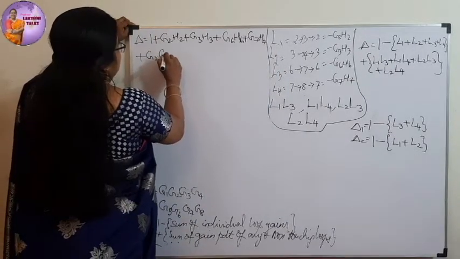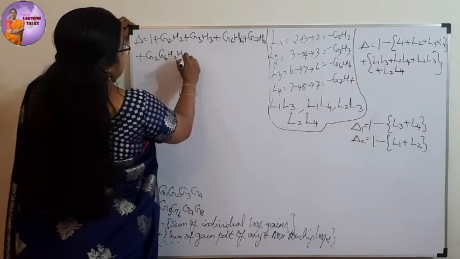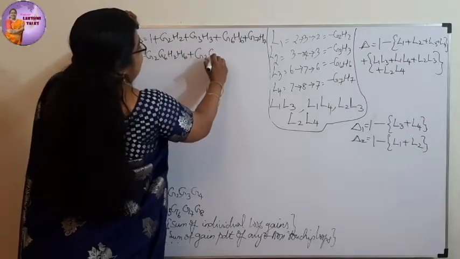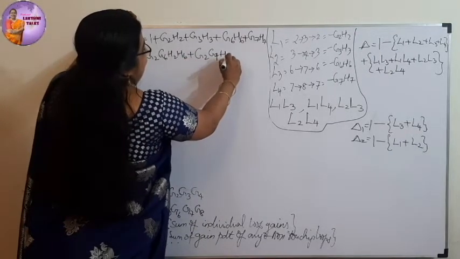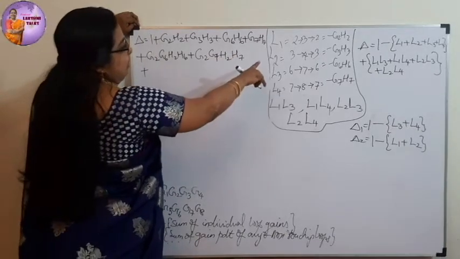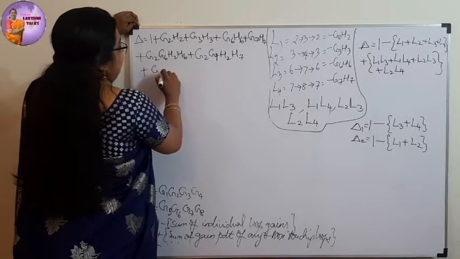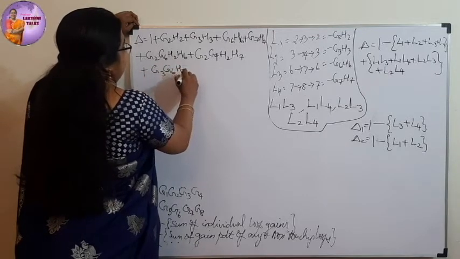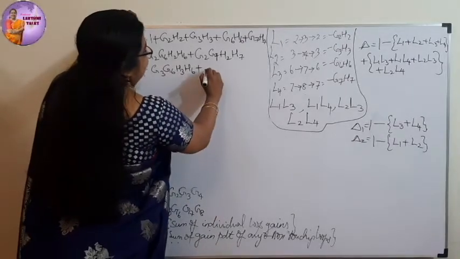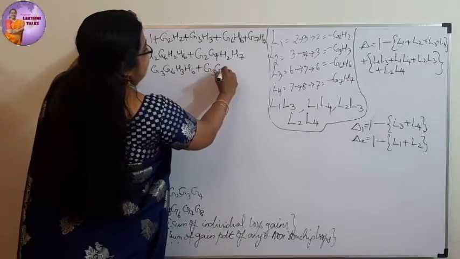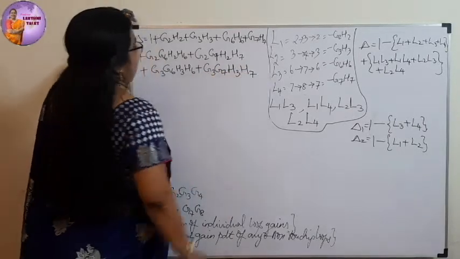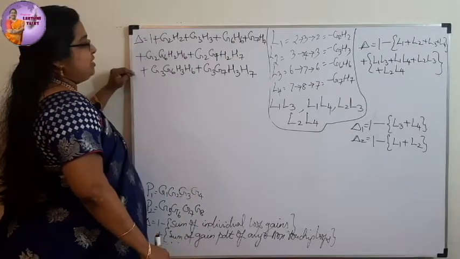So, G2, G6, H2, H6 plus L1 into L4, right? G2, G7, H2, H7 plus L2, L3, G3, G6, H3, H6 plus L2, L4, G3, G7, H3, H7, right? So, this is our delta.